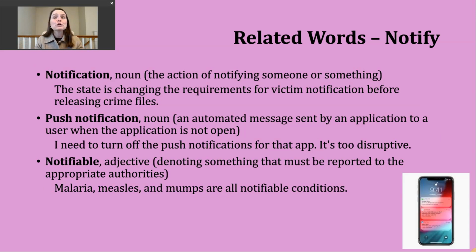Now, let's take a moment to look at some words that are related to our verb notify. And the first word we're going to talk about is the noun notification. This is the action of notifying someone or something. Okay? So, an example of this: the state is changing the requirements for victim notification before releasing crime files.